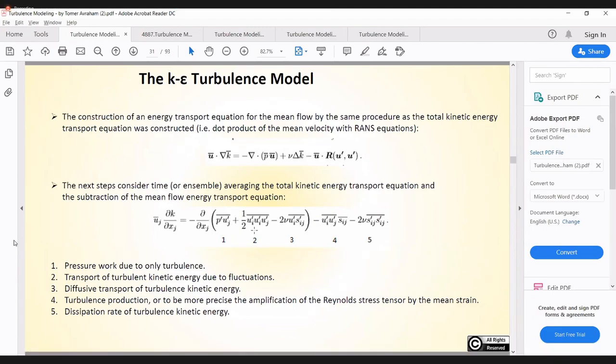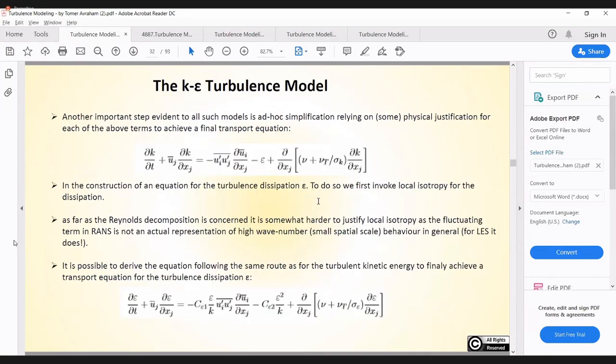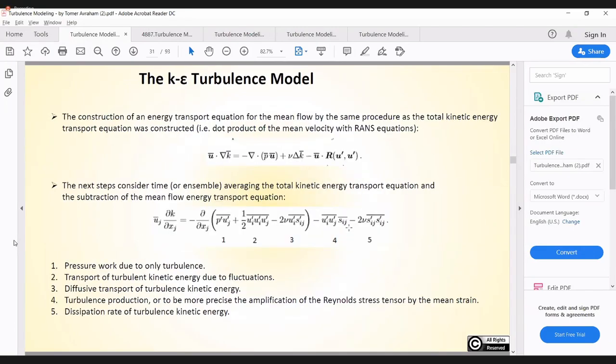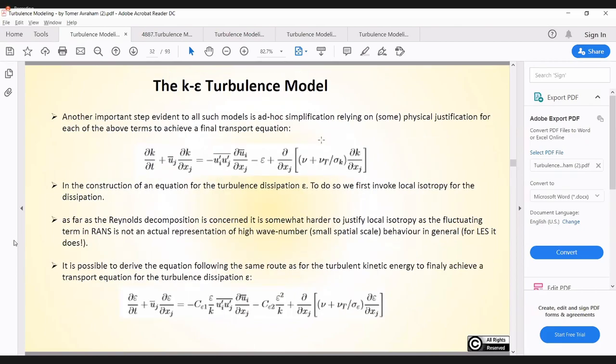The second part, the triple correlation, is a transport of turbulent kinetic energy due to fluctuations. Each of them makes some kind of weird sense. So we model these two. The most popular thing to do is use the gradient. This is an ad hoc simplification.